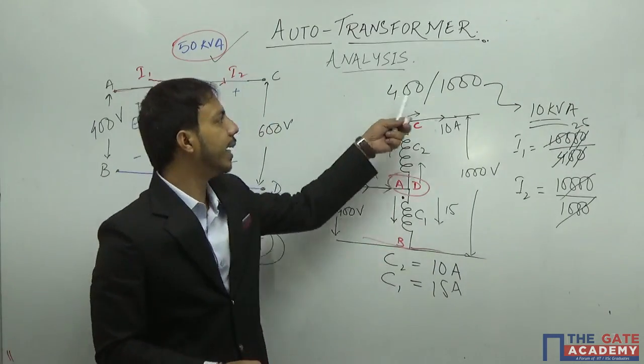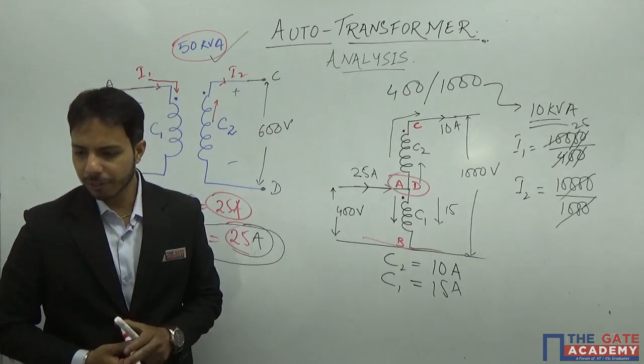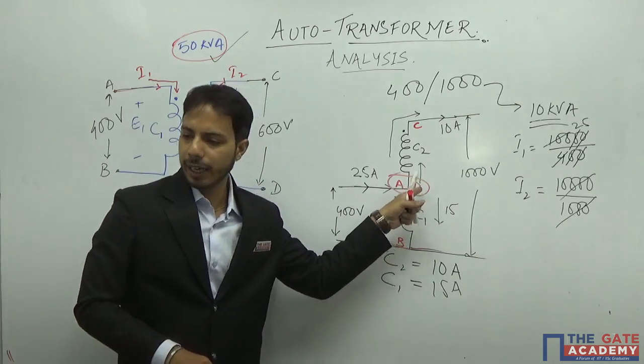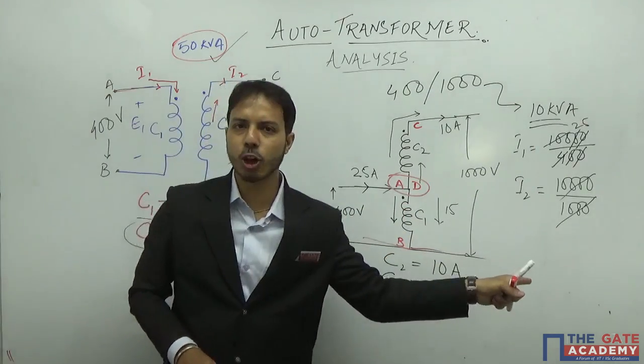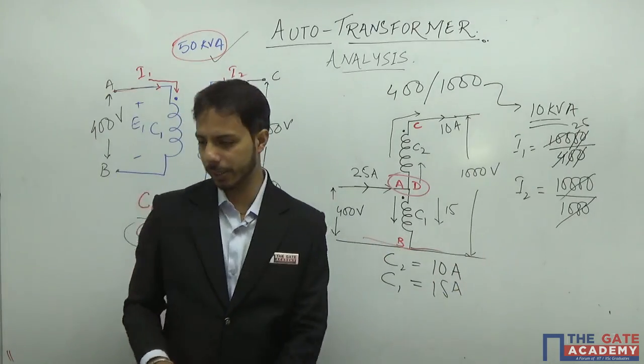And to get this rating I have to do this. So you can see that in this first question option A is correct, which is connecting A and D and making B as common. B as common means B will be common for both primary and secondary.